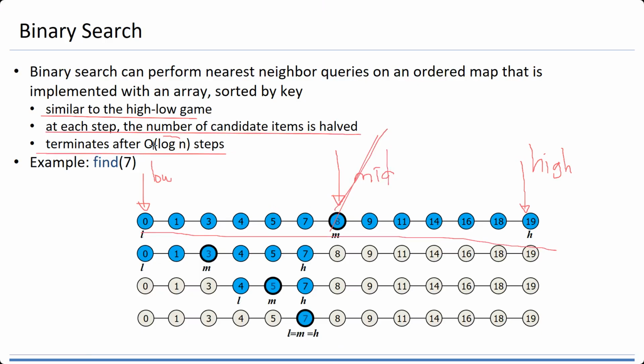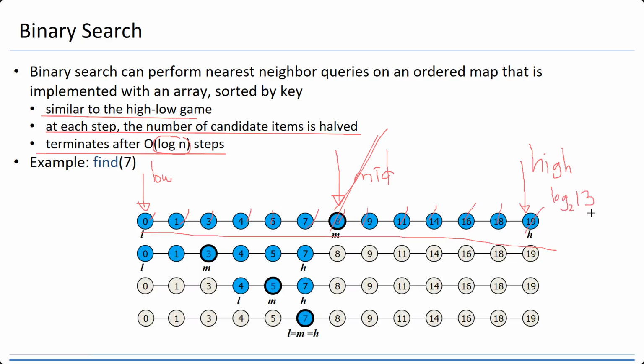It means after we do the searching, let's say we have 1, 2, 3, 4, 5, 6, 7, 8, 9, 10, 11, 12, 13. So we have 13 elements. Then at most we have log n, so log base 2 of 13.